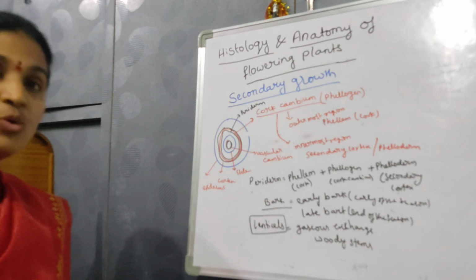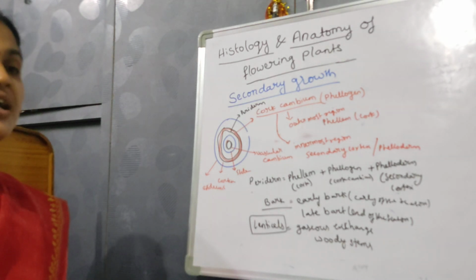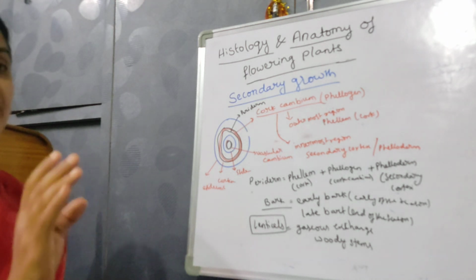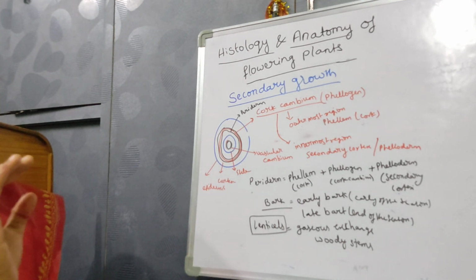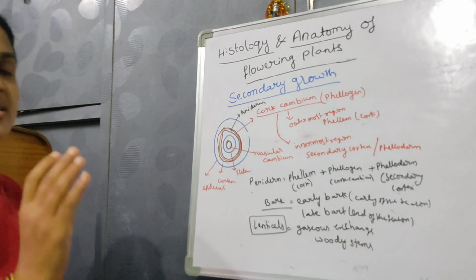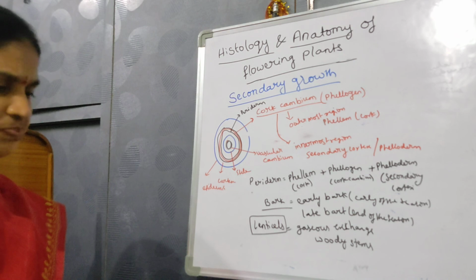But in monocots, the secondary growth is absent, both in root and stem. In dicots, the secondary growth is observed in roots and stems. In gymnosperms also, the secondary growth is observed in root and stems.